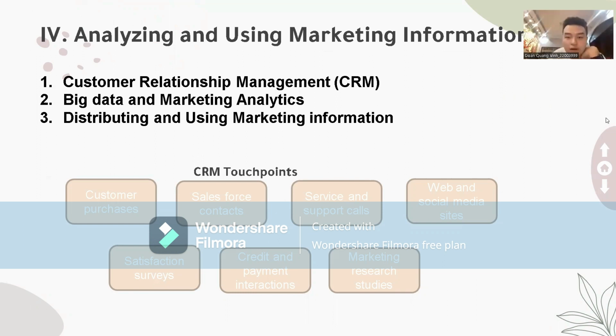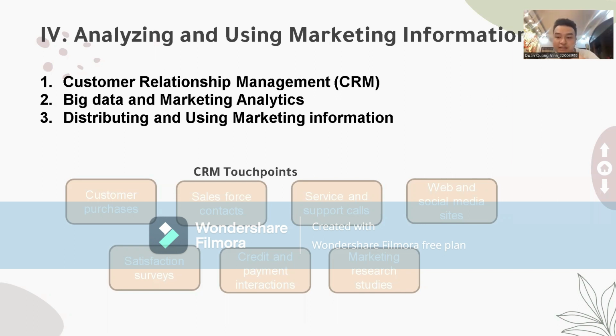Okay, so the fourth part is analyzing and using marketing information. First of all, how is the information analyzed? Information is gathered in internal databases and through marketing intelligence, and marketing research requires more analysis.